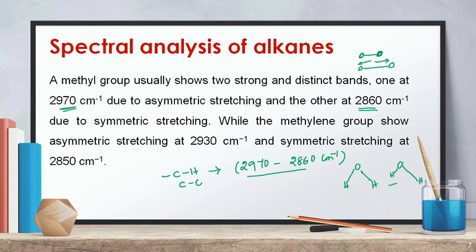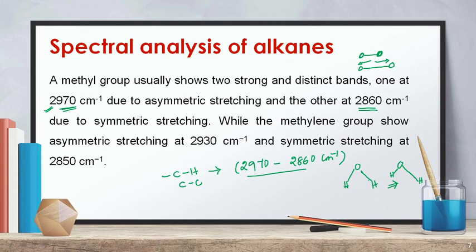Generally, asymmetrical stretching will experience more strength, so more energy is required for asymmetrical stretching. So the wave number is also more for asymmetrical stretching. That's why here we are experiencing more value for asymmetrical stretching for the methyl group.